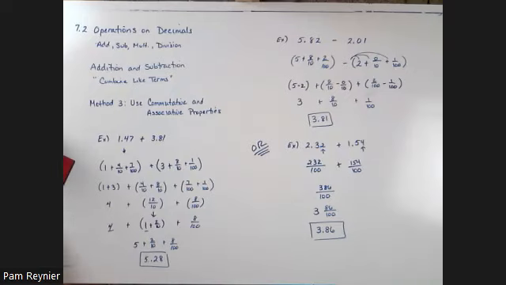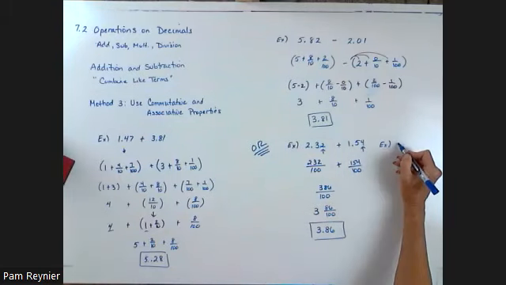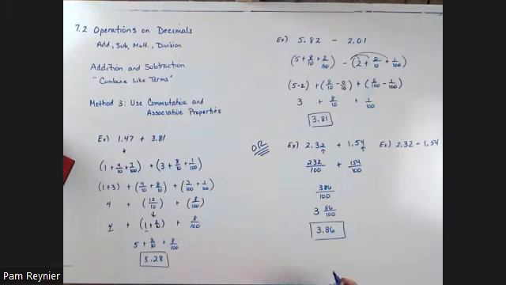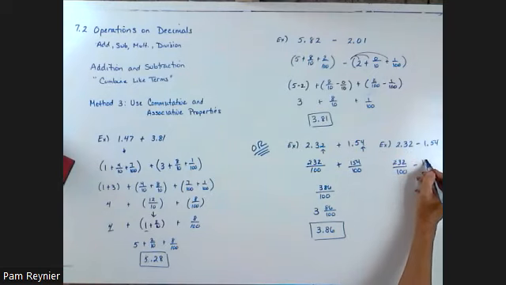Same idea with subtraction. I'll put it right here next to it. Let's say I just subtract the same numbers. 2 and 32 hundredths minus 1 and 54 hundredths. Again, I'm in the hundredths column, so 232 hundredths minus 154 hundredths.